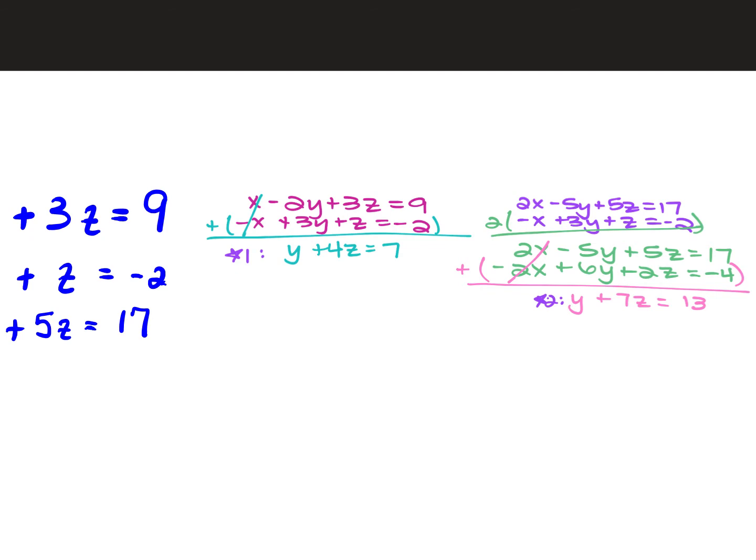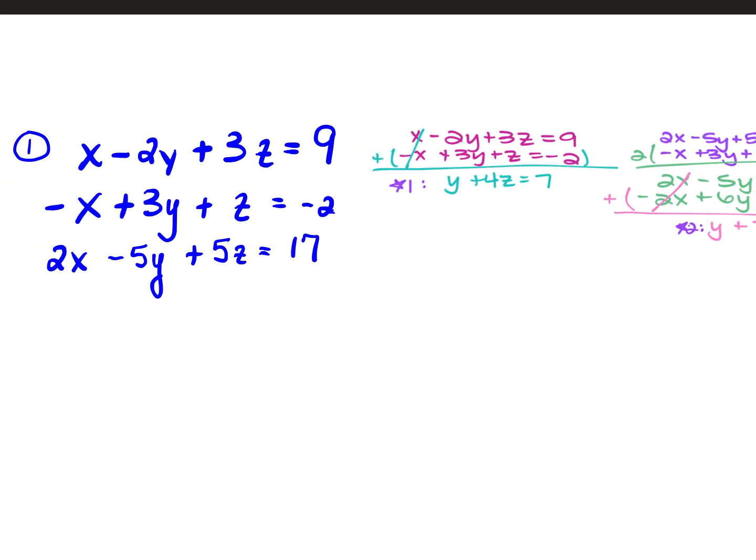Now you're going to work with both of those new equations. So we have y plus 4z is equal to 7, and y plus 7z is equal to 13. We can just subtract these or add the opposites.